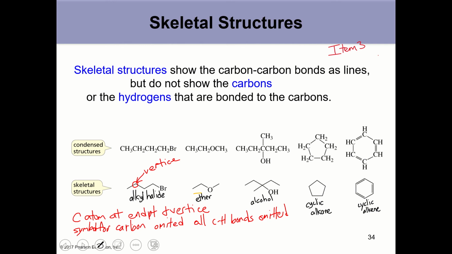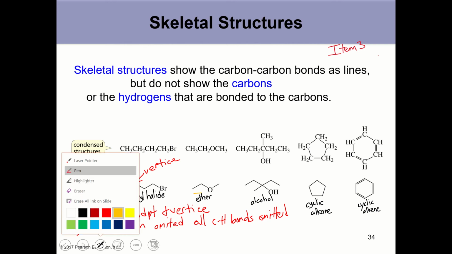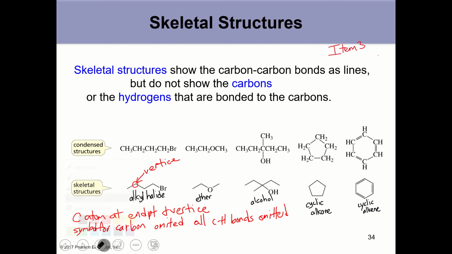I'm going to put a number by each of the carbons that I see. 1, 2, 3. At every endpoint and vertice that does not have an atom symbol, that is a carbon. So that molecule, the second molecule in the bottom line, has 3 carbons.